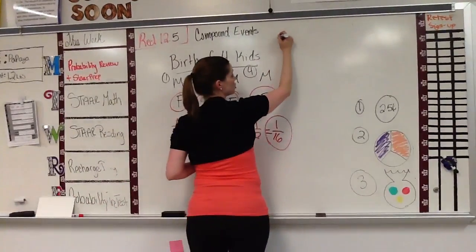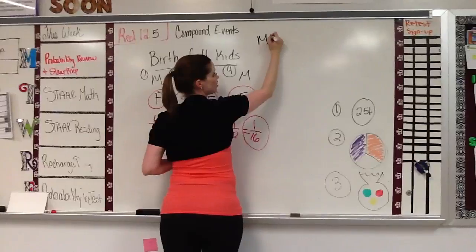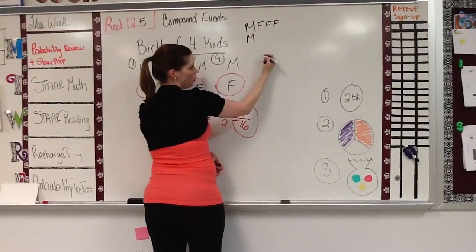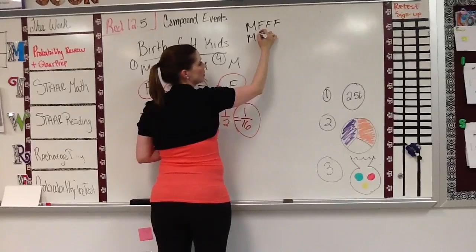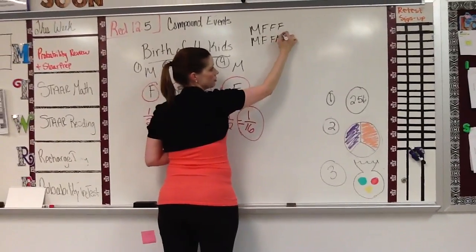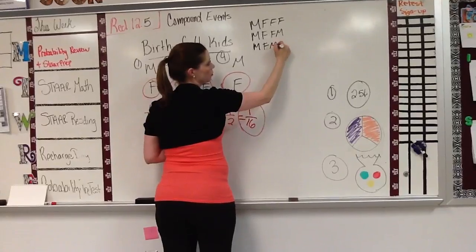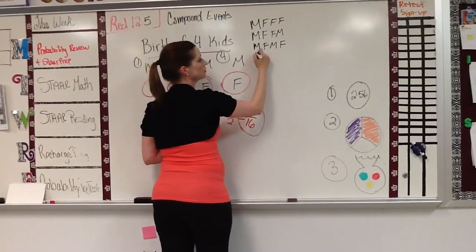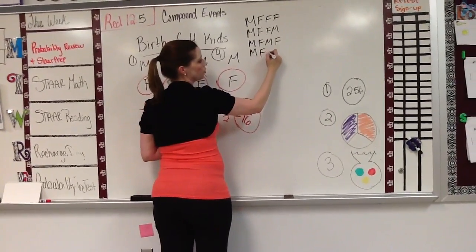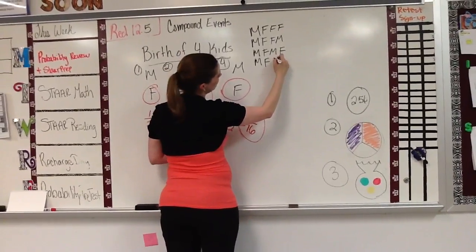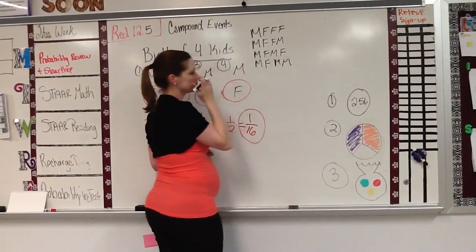I could say that the first kid was male, and then the rest were girls. Then I could say the first kid was a boy, and then they were girls, girls, boy. Then I could say male, girl, boy, girl. You could say boy, girl, boy, boy.